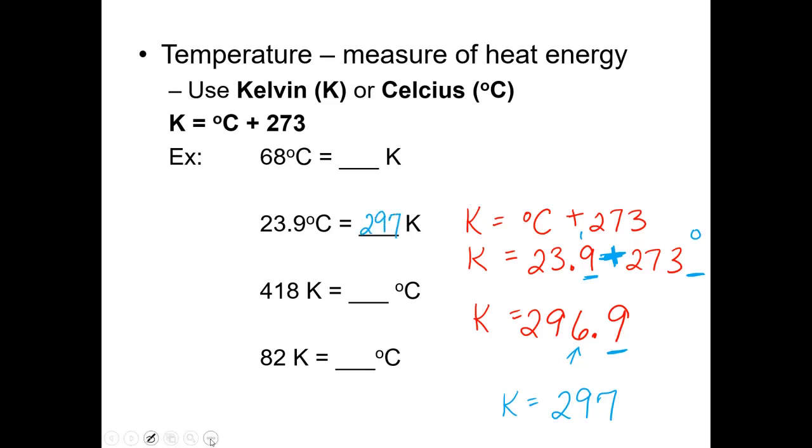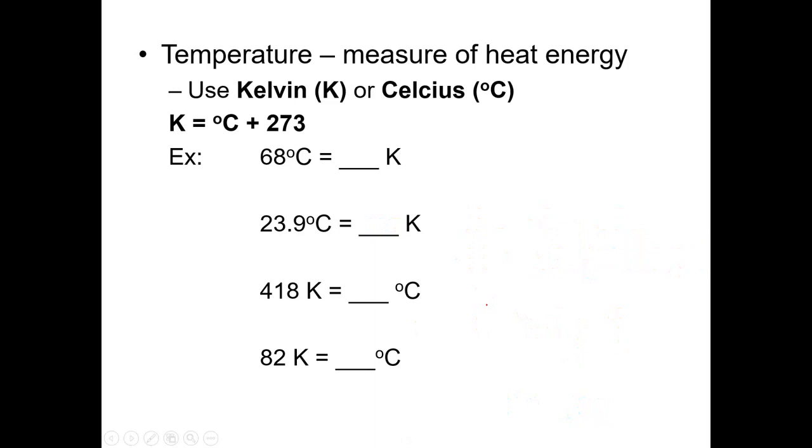All right, let's work a couple the other way so that I make sure you understand the algebra. So if I look right up here, I'm going to rewrite my equation. Kelvin is equal to degrees Celsius plus 273. In this case, I know Kelvin, so I'm going to plug the 418 in instead of the K. I'm looking for degrees Celsius, so that's my variable in my equation.